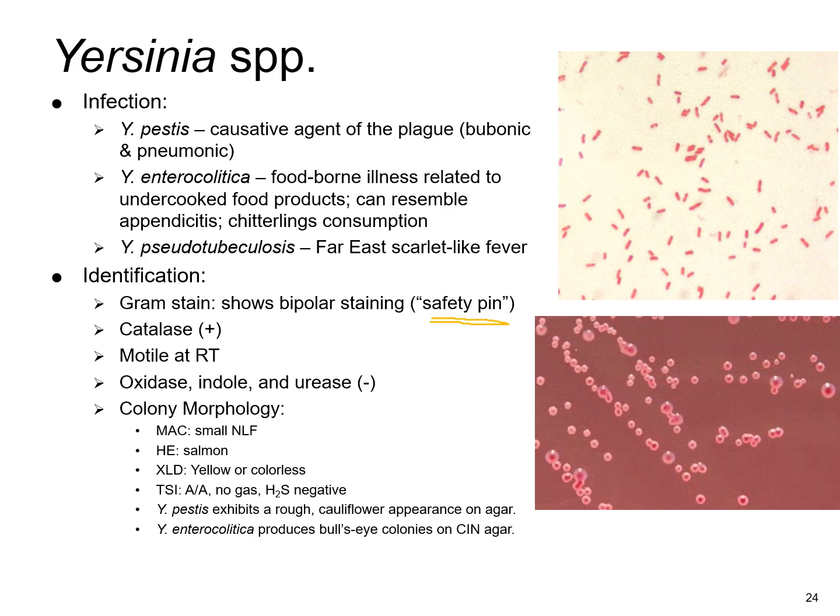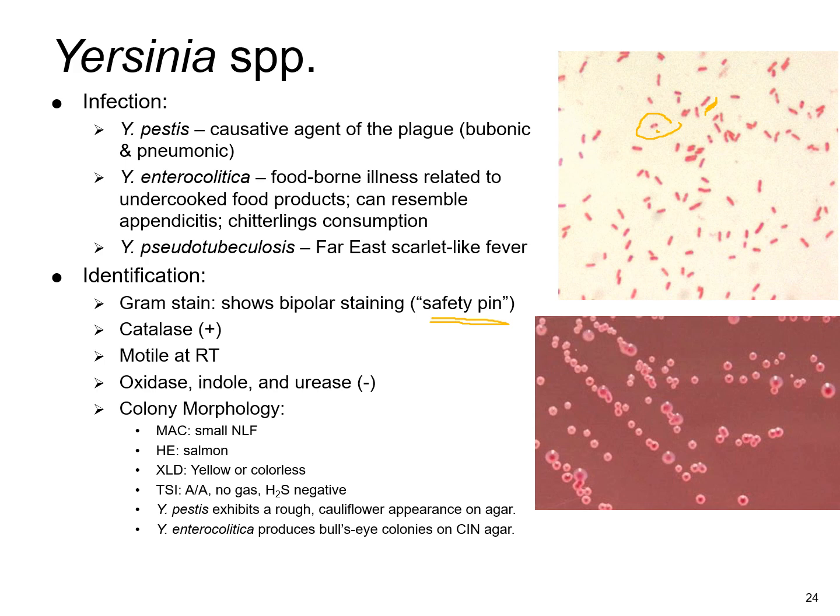These organisms have a bipolar staining. It's kind of hard to see in this image, but you can see one of the organisms here where it has a little bit of clearing in the center, where it stains sort of on the ends of the organism, not necessarily in the center. You can see a little bit here with these as well.